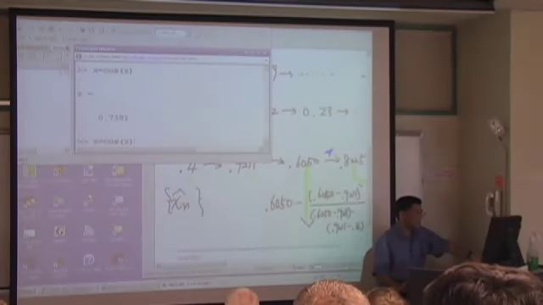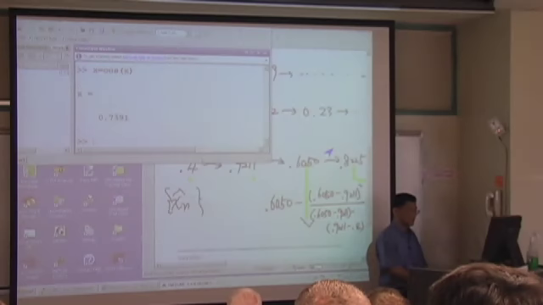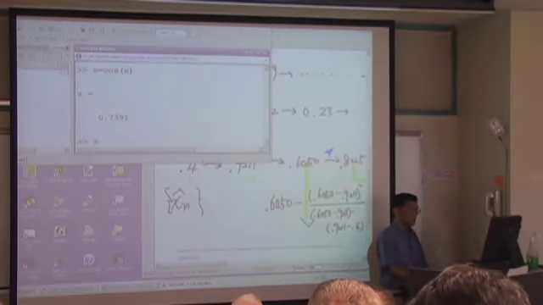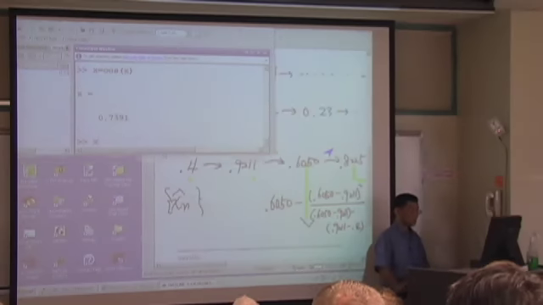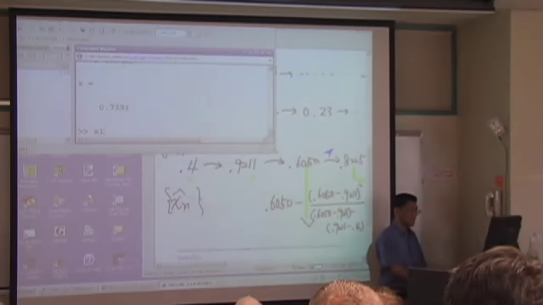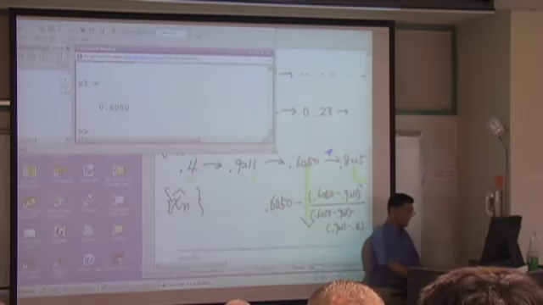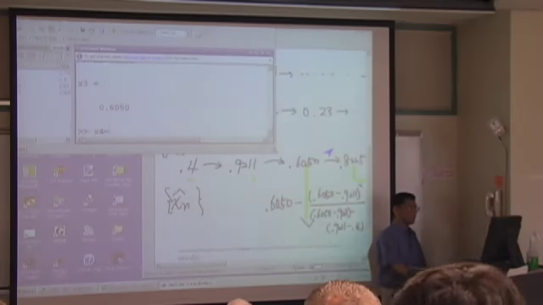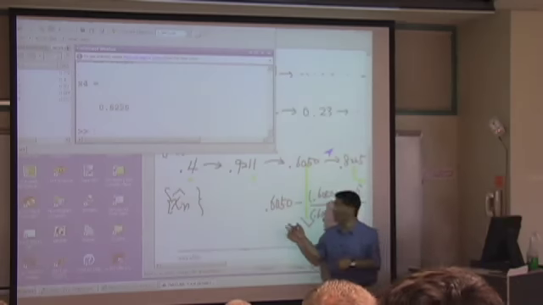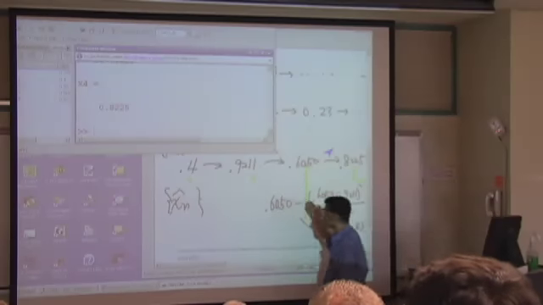So for convenience, I will use x1, x2, and so on. x1 is 0.4, x2 is 0.9211, x3 is 0.6050. And then x4 is 0.8225. For convenience I did it, because I don't want to write down these numbers over and over again.